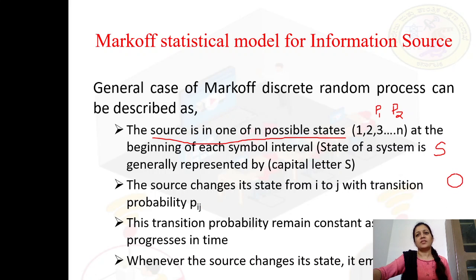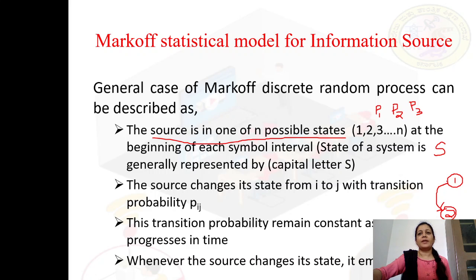Suppose your source is in state 1, and this is another possible state of the source, and this is another possible state. So here I am taking the n value to be 3. Therefore, it can be in any one of the 3 possible states, either state 1, state 2, or state 3, and the associated probabilities would be P1, P2, and P3. Now, the source changes its states from i to j. Suppose it is in state 1, it changes its state from 1 to 2.